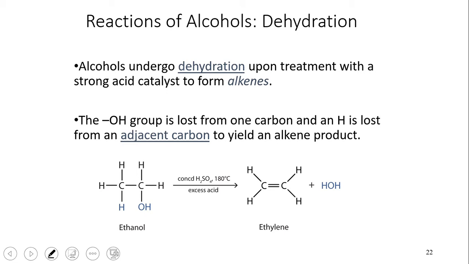The OH group of the alcohol is lost from its carbon, and a neighboring hydrogen, in other words, a hydrogen in an adjacent carbon, is also removed, and that converts the alcohol into an alkene and releases water as a consequence. Typically, like I said, the reaction requires concentrated acid and a high temperature in order to occur.